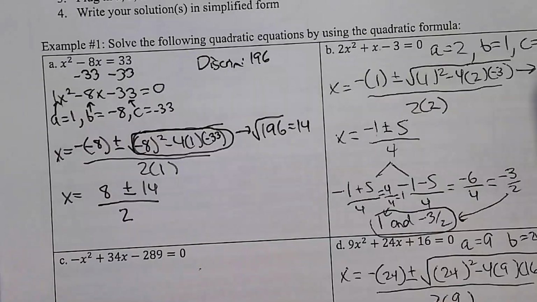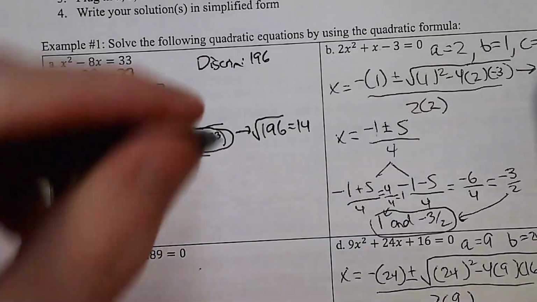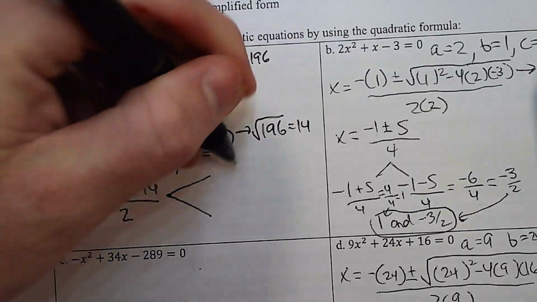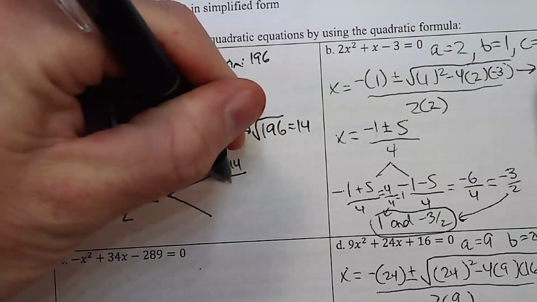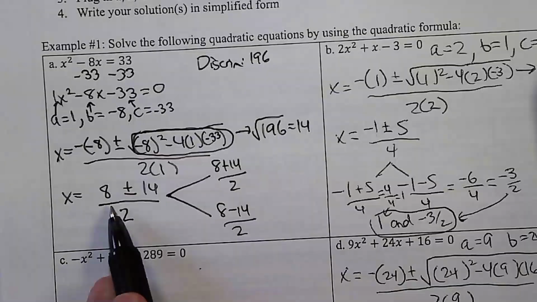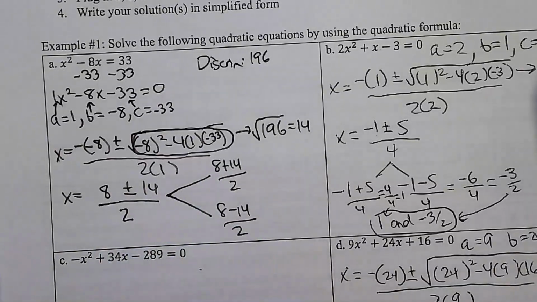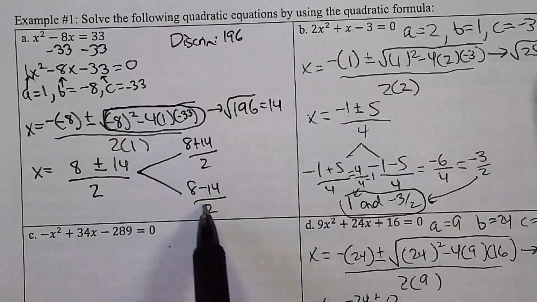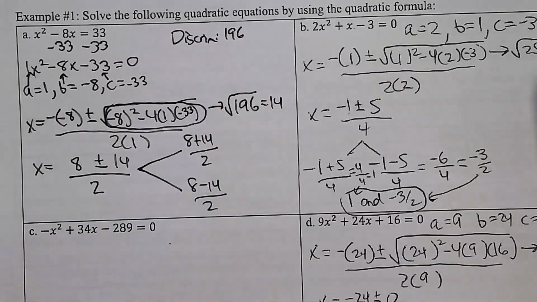Now, for the plus or minus, the last step, I'm going to write two separate expressions. 8 plus 14 divided by 2, 8 minus 14 divided by 2. Why am I doing this? Because 8 and 14 are like terms, okay?